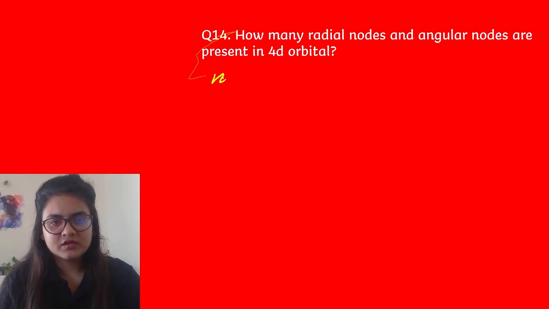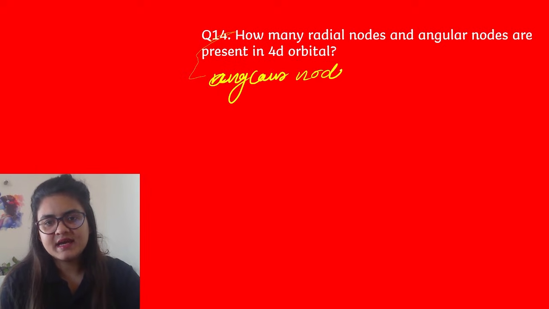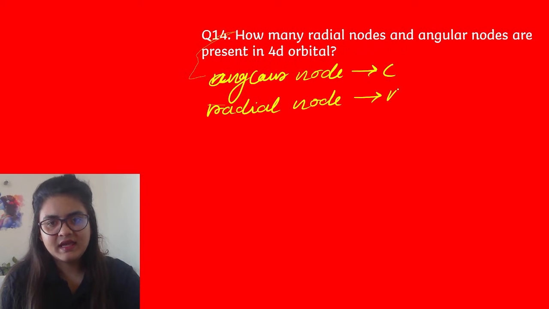Angular node and radial node. Angular node can be represented as only L, and radial node can be represented by the formula n minus L minus 1.